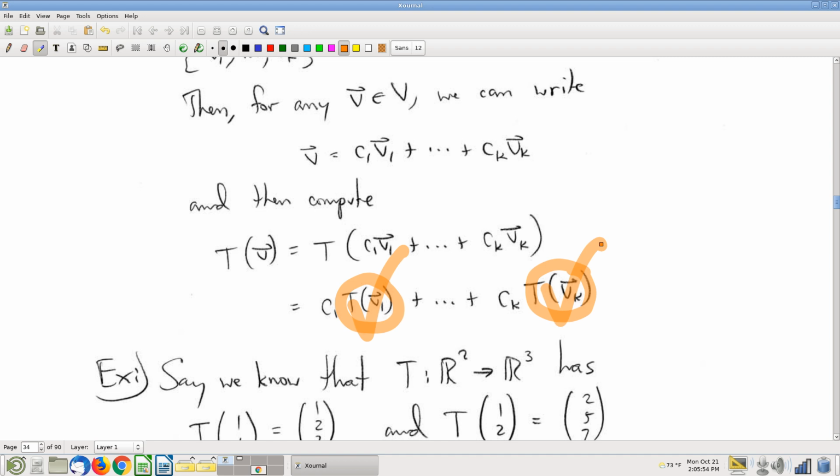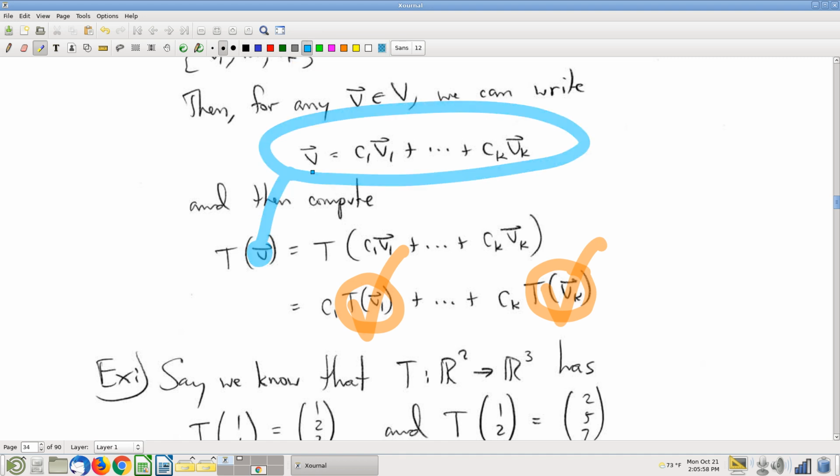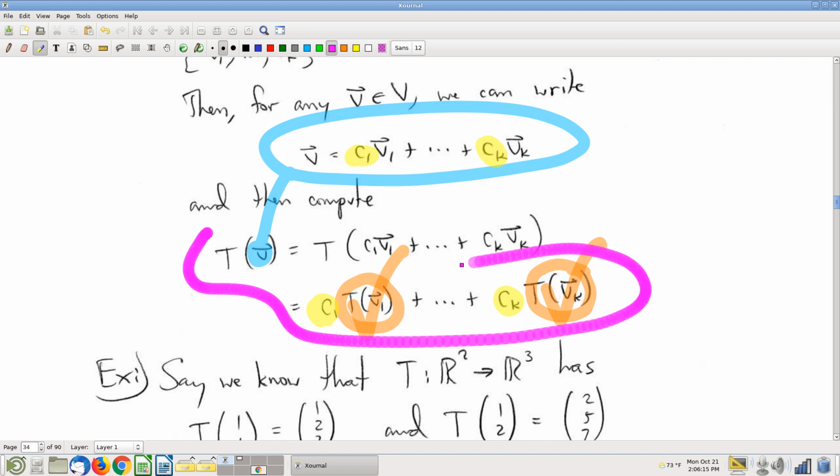So whatever vector you give me, any vector in the vector space, if I know the orange images, well, I can figure out what these coefficients are through Chapter 1 methods. Now I know the yellow coefficients, I know the orange images, and therefore I know the value of the linear transformation by that formula.